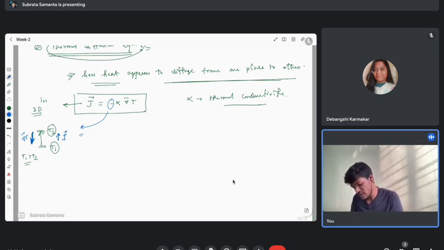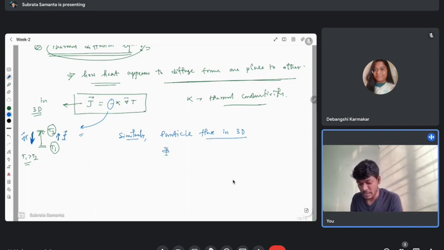Similarly, when we discuss the diffusion equations, this considered temperature. Now we consider particles. Similarly, the particle flux in 3 dimensions is called phi. So this is heat flux.